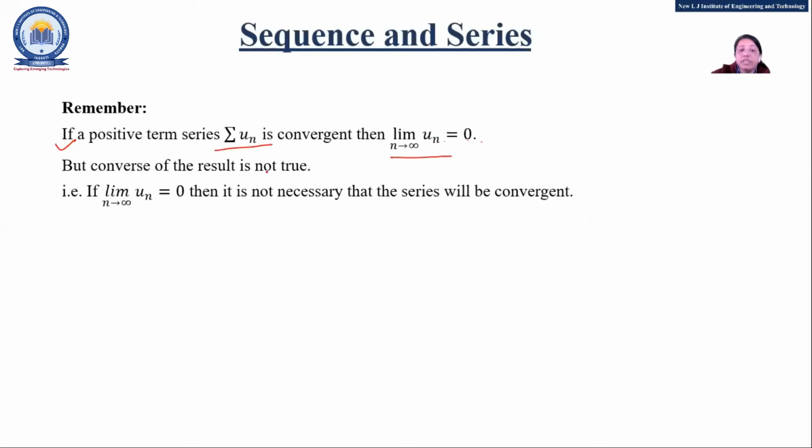But the converse of the result is not true. If you apply some concept of limit and find the limit is 0, it doesn't mean that your series will be convergent. But if your series is convergent, then you can say this. So this you just need to remember.